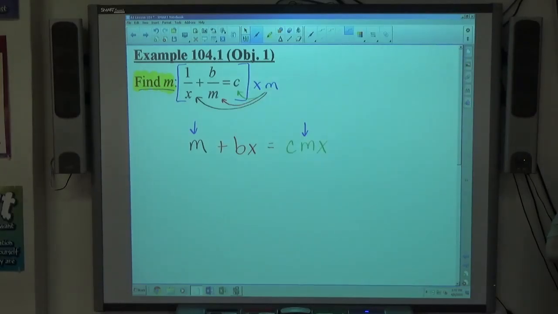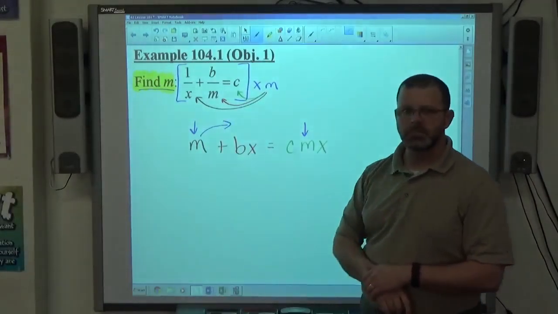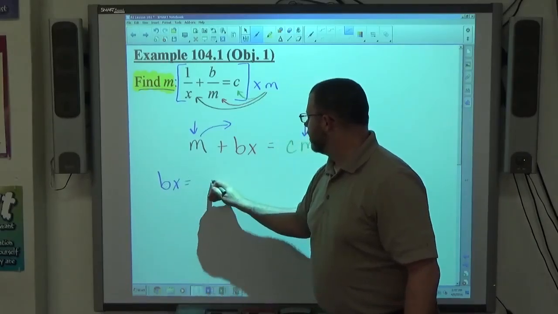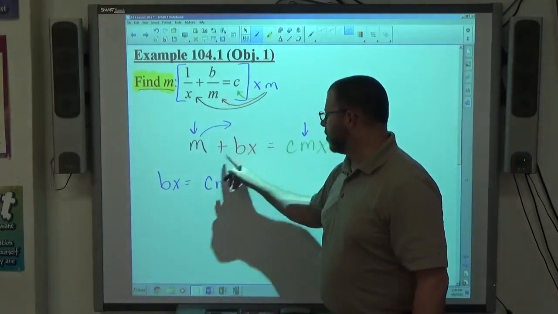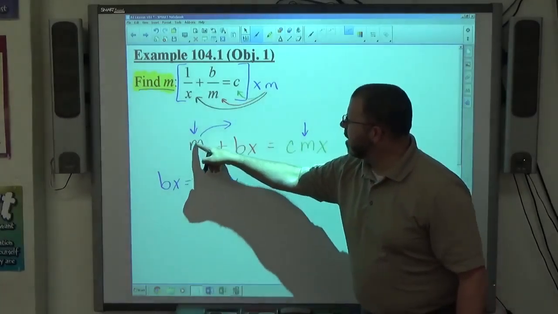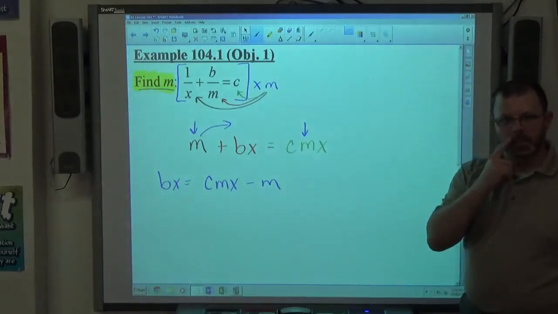Doesn't matter which side, just as long as it's the same side. So the quickest way to make that happen is to move this m over there. Bx staying on the left-hand side, Cmx staying on the right-hand side, so both of those stay the same sign. Bx stays positive, Cmx stays positive. M moves across the equal sign, so it's going to become negative m.